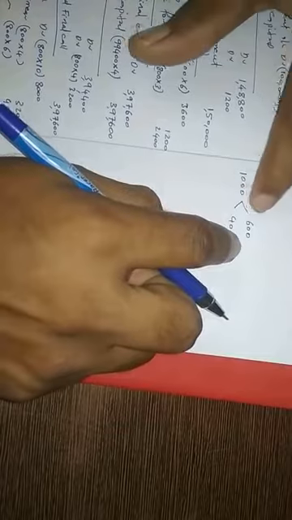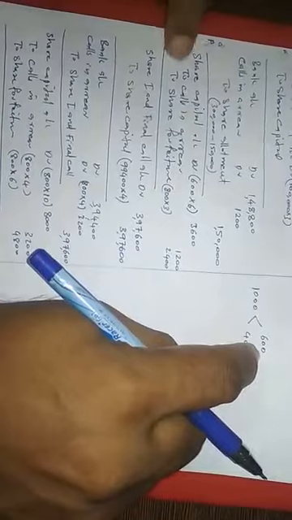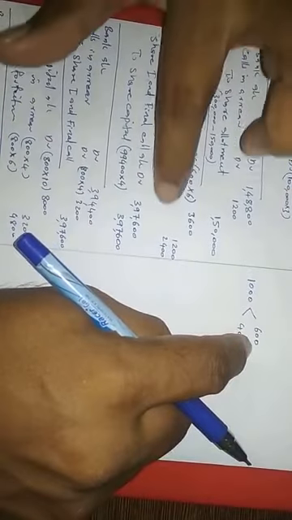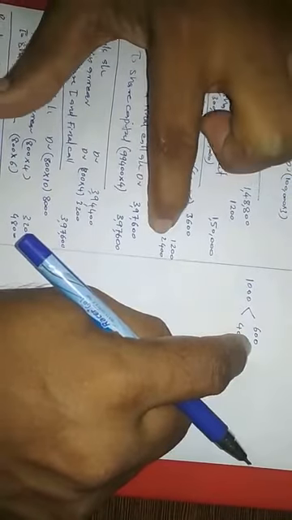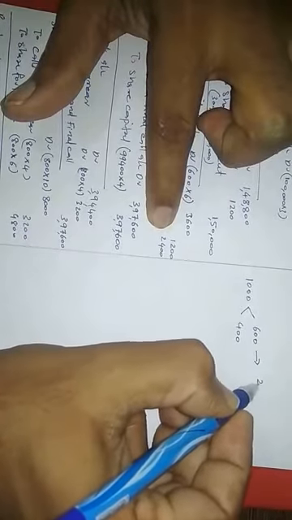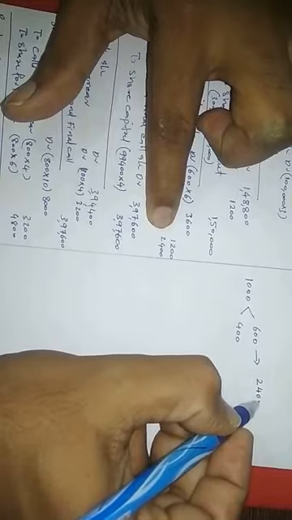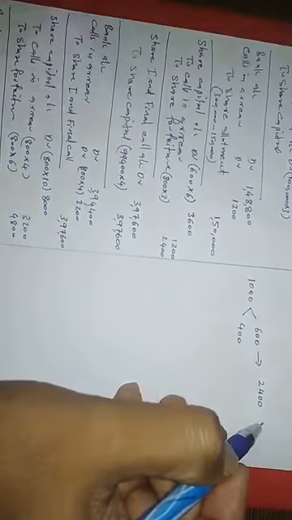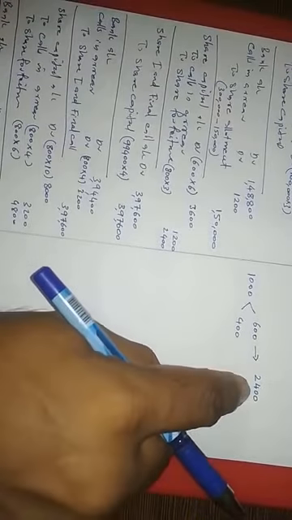When 600 shares were forfeited, how much money did we receive? In the share forfeiture entry, for 800 shares forfeited we got 2400.